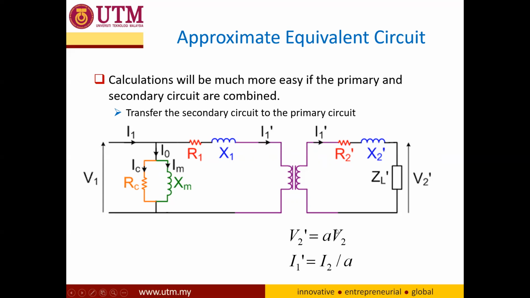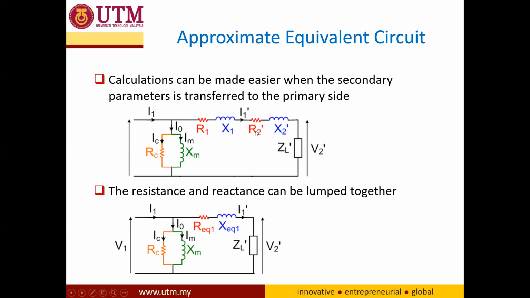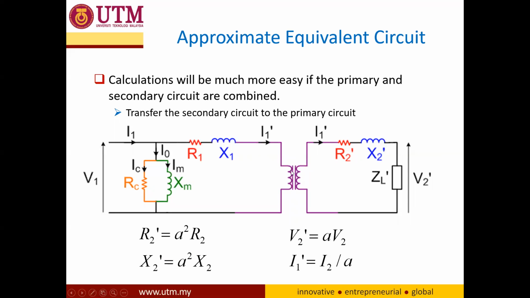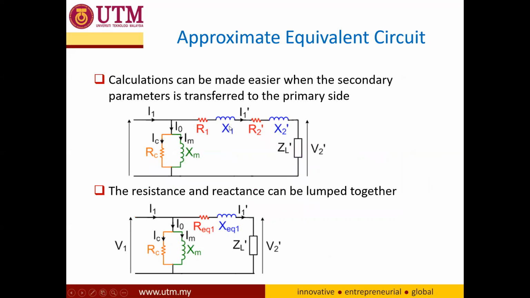V2 prime is V2 referred to the primary, which is a V2, and I1 prime is I2 over a, while R2 prime is a squared R2, and X2 prime is a squared X2. We can also remove what we call the isolation here, so we can draw the approximate equivalent circuit of the transformer like this.